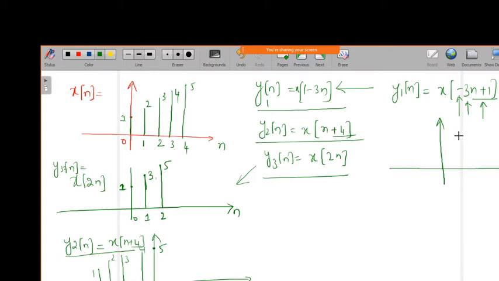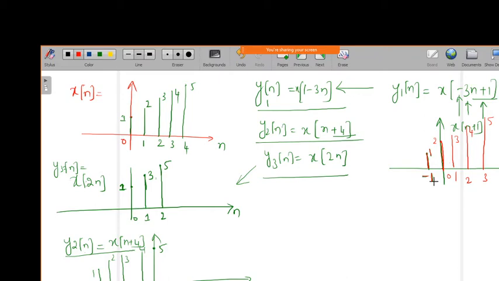So now if we shift that one, you will get x of n plus 1, that is, at minus 1 you will be having 1, at 0 you will be having 2, at 1 you will be having 3, at 2 you will be having 4, and at 3 you will be having 5. Okay, so this is your n plus 1.